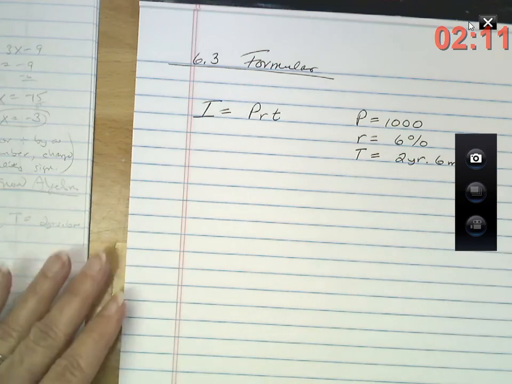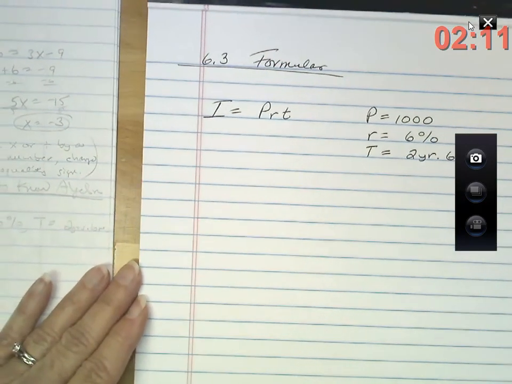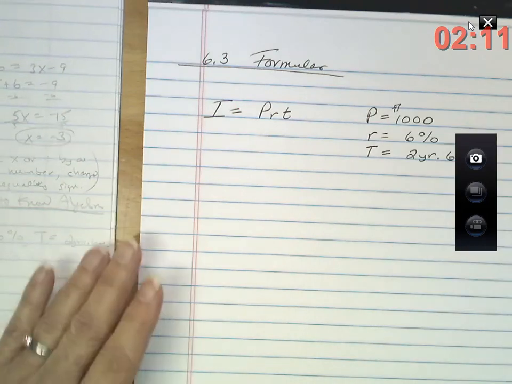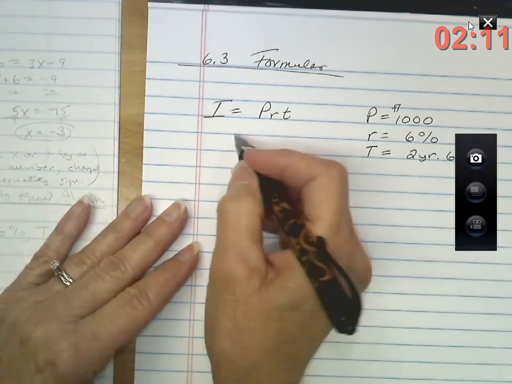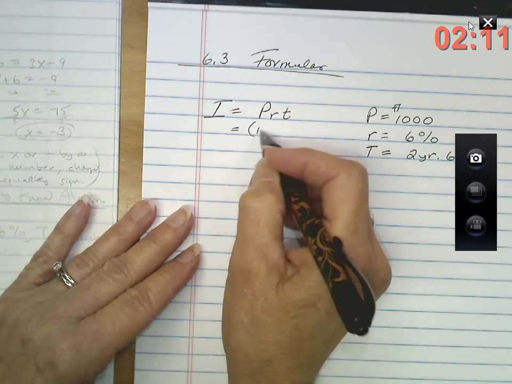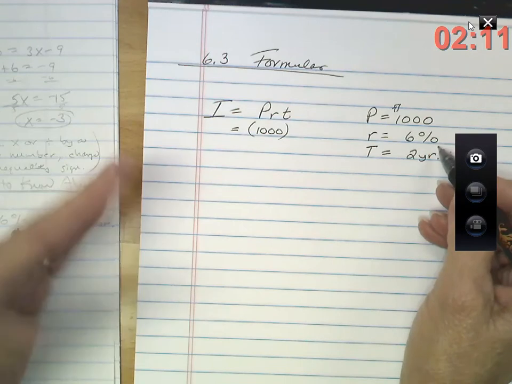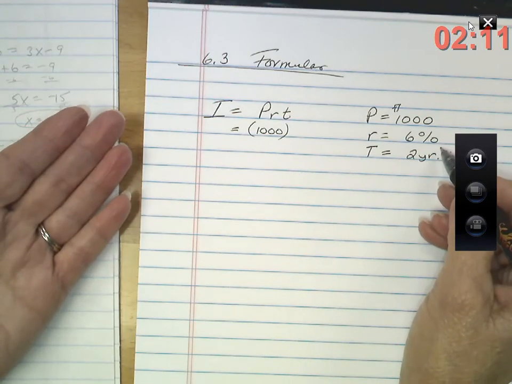They want to know what the interest would be if you borrowed this particular amount of money and had to pay this back. So all you got to do, P is 1,000, so put it in parentheses. The R is 6%, but what do we need to do to that before we work that in a problem?